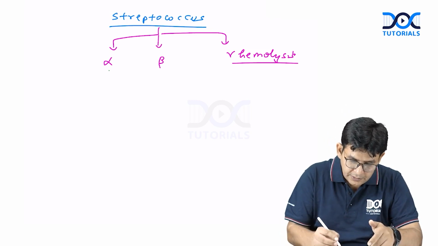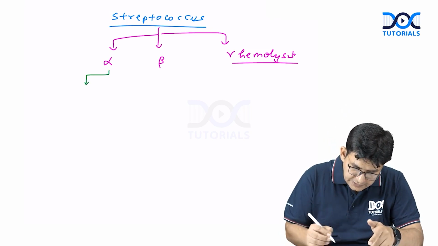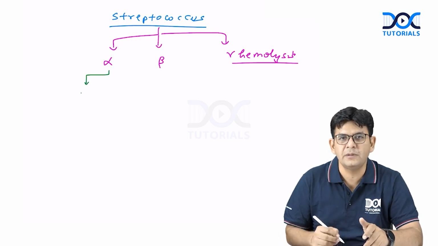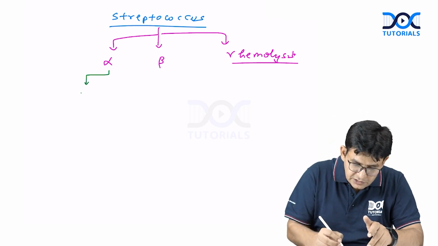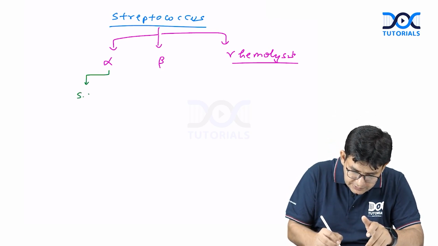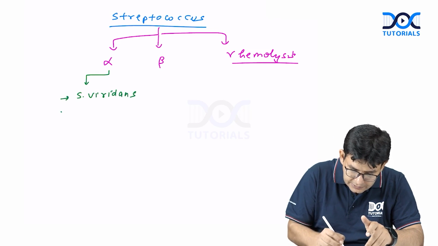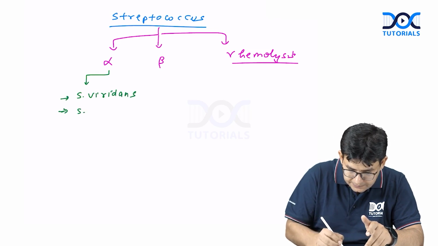Is it fine? So in the alpha hemolysis, which streptococcus show it? Alpha hemolysis is shown by Streptococcus viridans and Streptococcus pneumoniae.